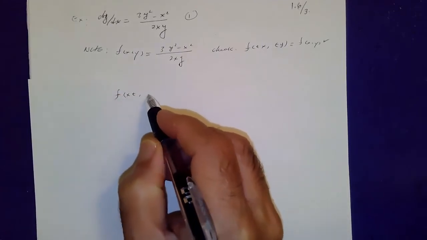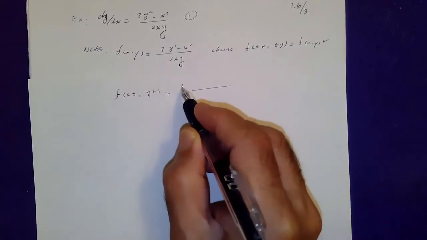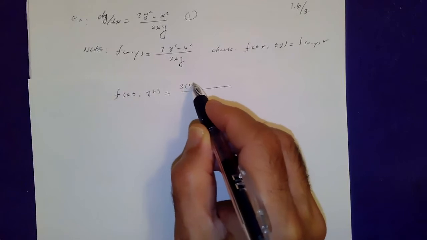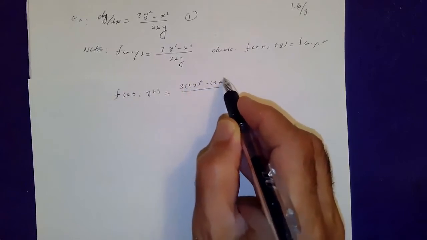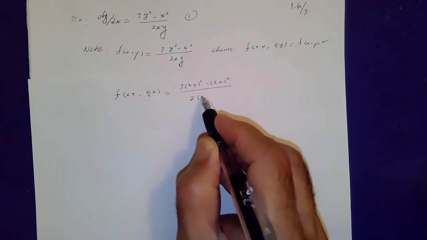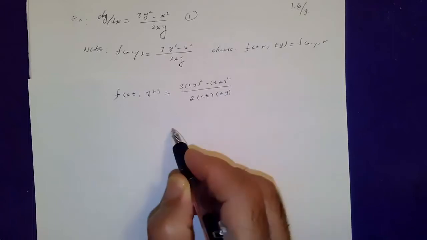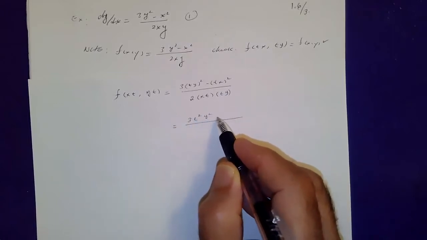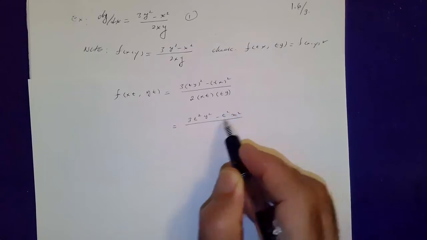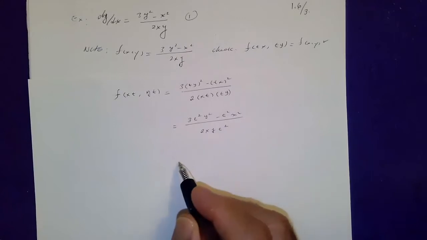Replace the x with tx, replace the y with ty, so you get 3(ty) squared minus (tx) squared over 2 times (tx)(ty). So this would be 3t squared y squared minus t squared x squared over 2xy t squared.